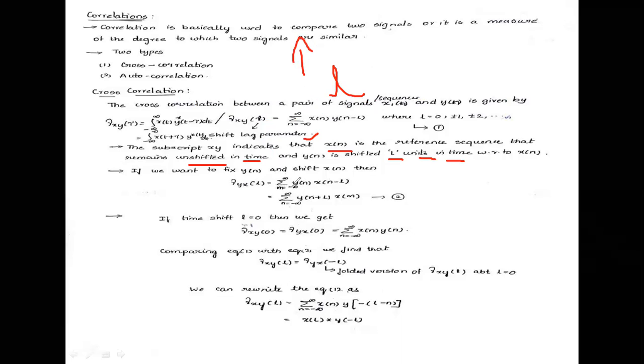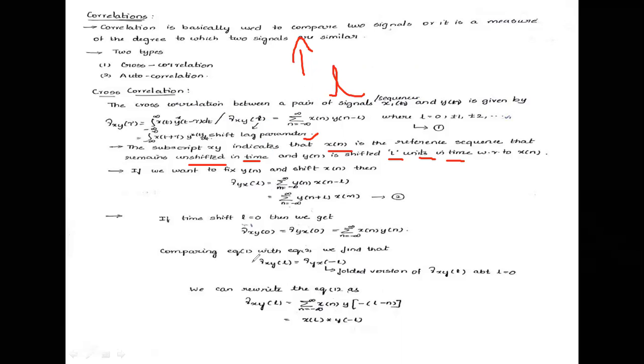Sum over n from minus infinity to infinity of y of n x of n minus L, or as a second form, the sum over n from minus infinity to infinity of y of n plus L x of n. If the time shift L is equal to 0, then r xy of 0 equals r yx of 0, which is the sum over n from minus infinity to infinity of x of n y of n.